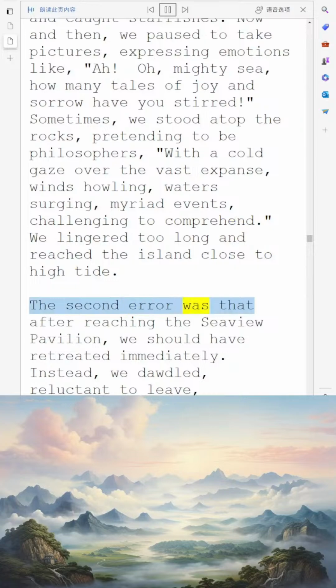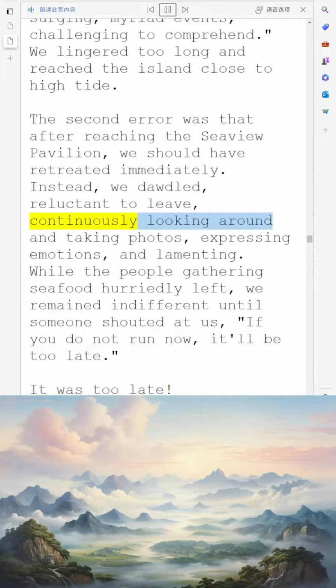The second error was that after reaching the Sea View Pavilion, we should have retreated immediately. Instead, we dawdled, reluctant to leave, continuously looking around and taking photos, expressing emotions and lamenting. While the people gathering seafood hurriedly left, we remained indifferent until someone shouted at us, "If you do not run now, it'll be too late."